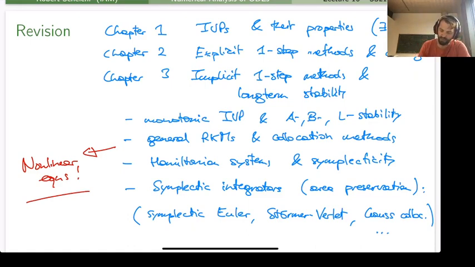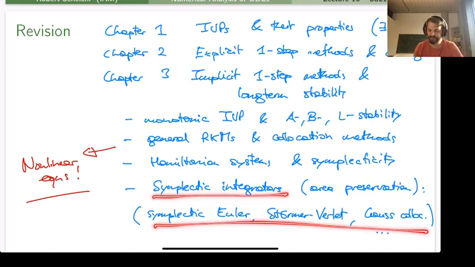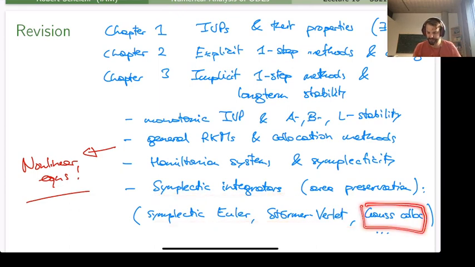To integrate those numerically, we need numerical methods with certain properties, so-called symplectic integrators, and we studied some of them. In particular, the one-stage Gauss collocation method, which is the implicit midpoint rule.